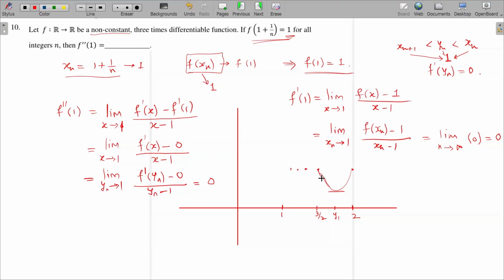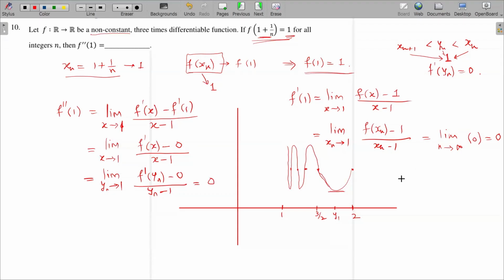Now, is it resembling something? See, your function will behave like this. It will go up, come down, it has to pass through all these points. And in fact, near 1, it will have to oscillate a lot of times. Something like sine 1 by x type.